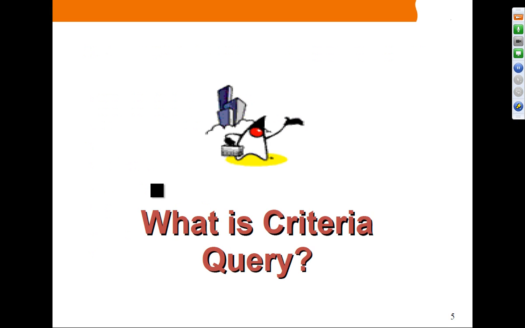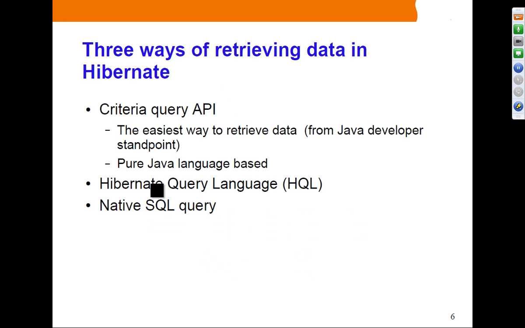So what is criteria query? As I mentioned before, there are multiple ways that you can perform a query. Criteria query is the easiest way from a Java developer standpoint to perform query operations, because you are building your query using Java code.